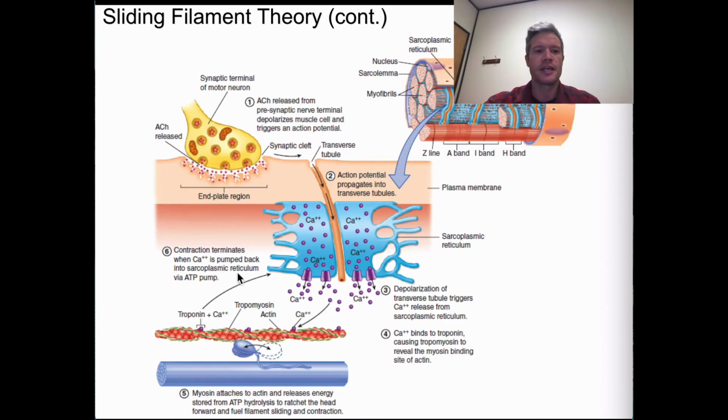And then again, to finalize things, say return to resting state, the sarcoplasmic reticulum pumps the calcium back into it, so that there's no more here that's available to bind to troponin. Therefore, tropomyosin covers up and blocks myosin from being able to attach to actin.